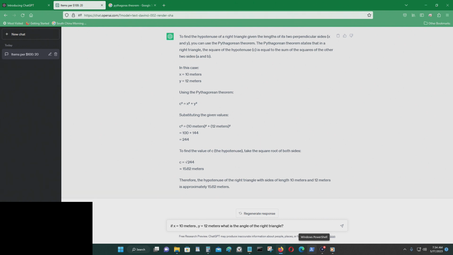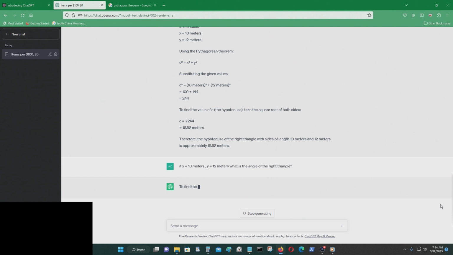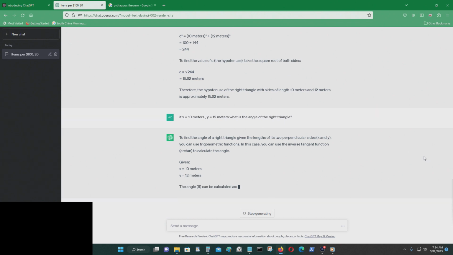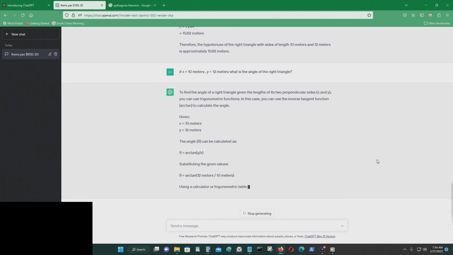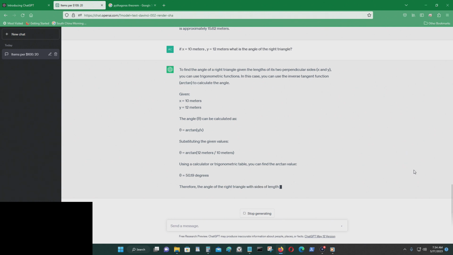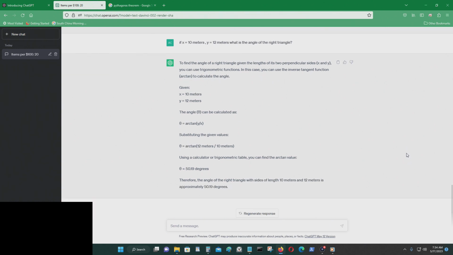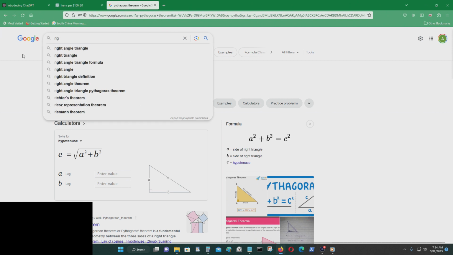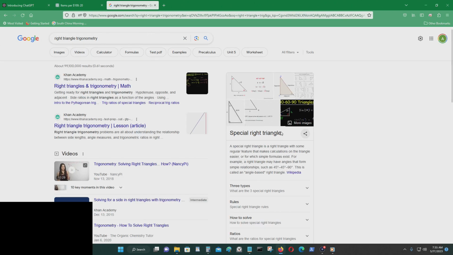If x equals 110 meters and y equals 12 meters, what is the angle of the triangle? Okay, fair enough. I have enough there to solve that problem. That's correct. Triangle trigonometry of this.